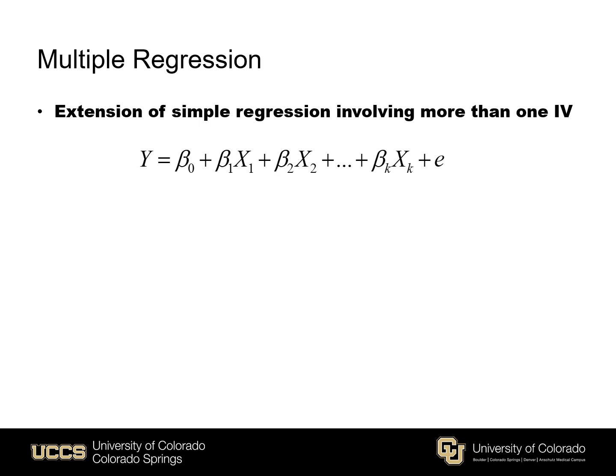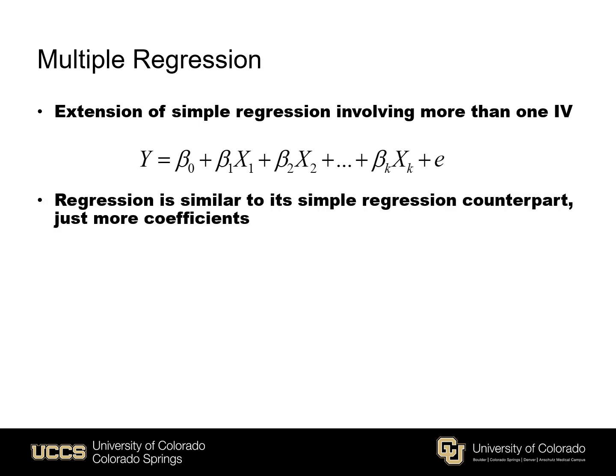Algebraically, the model just becomes y, your dependent variable, as a function of 1 through k independent variables. And as a result, if we have 1 through k independent variables, we will have b1 through bk regression coefficients associated with those independent variables.